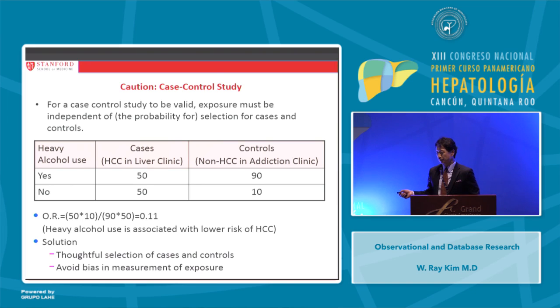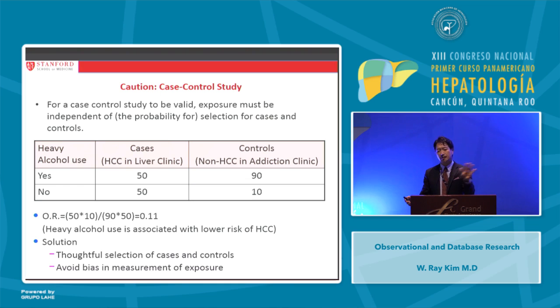These are people without necessarily liver disease. Then a lot of people here, everybody will be drinking, whereas HCC cases, not necessarily from alcohol, will have a random chance of drinking, and you do an odds ratio and you get a completely wrong answer. This odds ratio will say alcohol is only 10% associated with HCC.